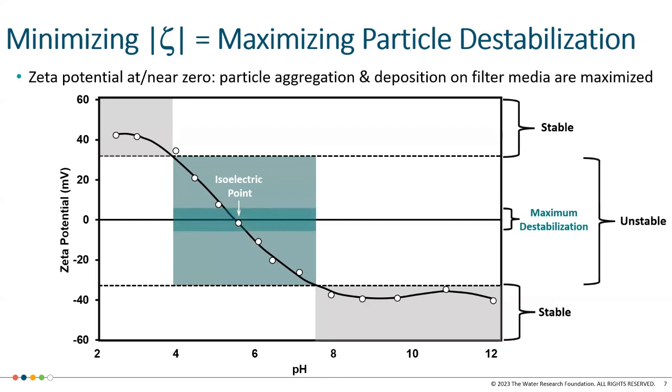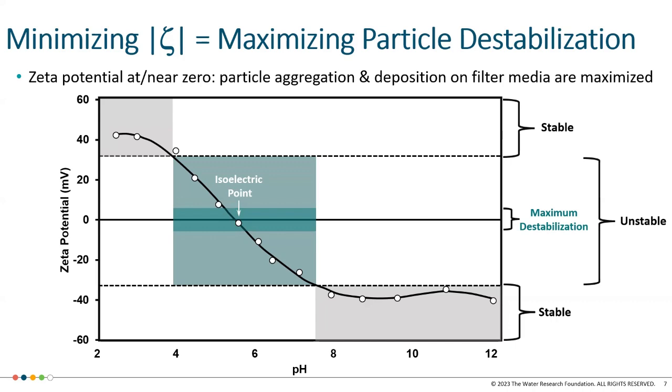And that's in a closer range in and around the point of zero charge, as indicated here with the darker green. Now, of course, particles with Zeta potential outside of these ranges will have more extreme Zeta potentials, and they're generally more stable and less likely to aggregate or deposit on filter surfaces such as filter media grains.